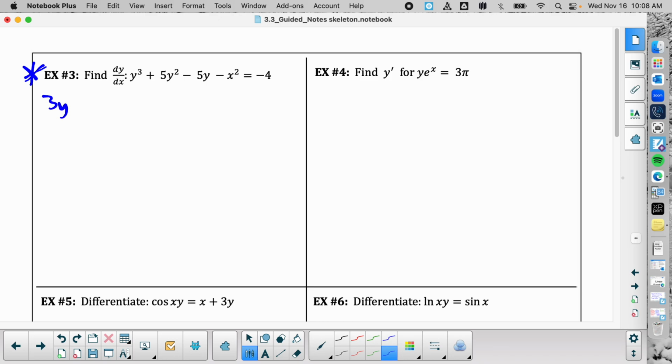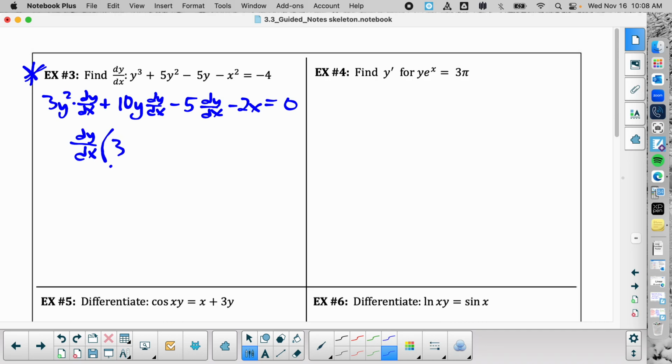What'd you get? You're supposed to take everything that doesn't have a y sign up to the other side.